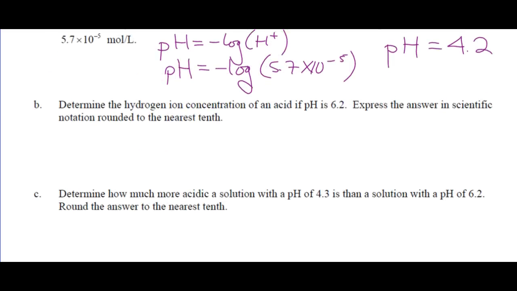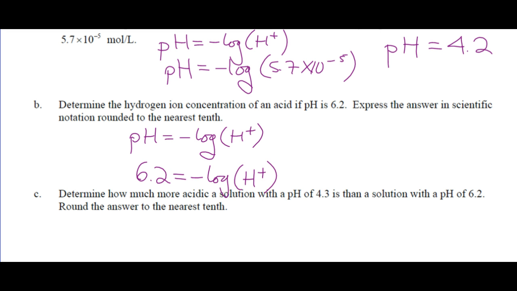Determine the hydrogen ion concentration if the pH is 6.2. This is more applicable to us in using logs. Start with the formula. We have to find H plus, but we know the pH is 6.2. So 6.2 is equal to negative log H plus.